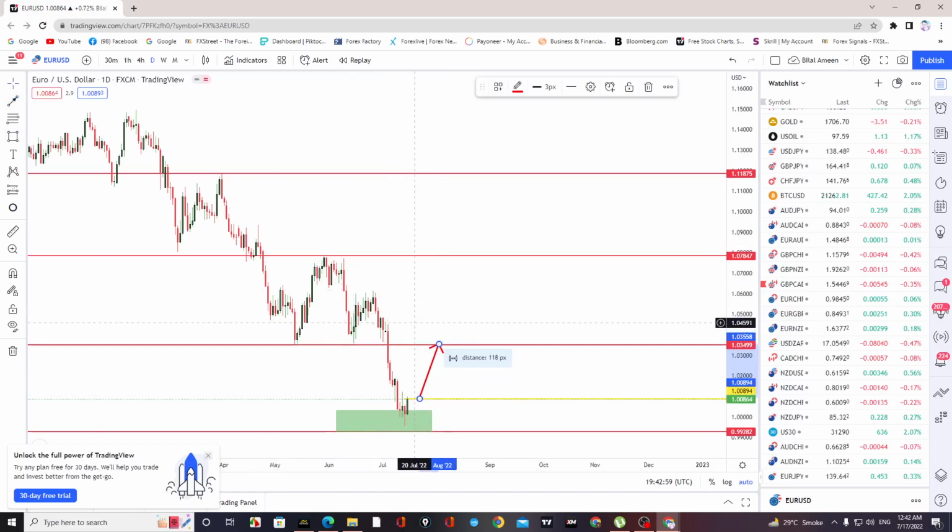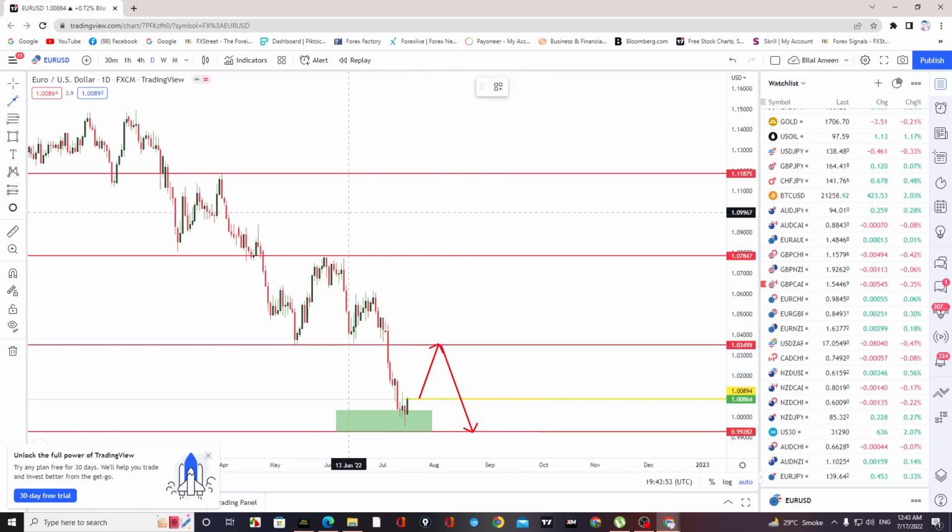If market fails to break the resistance, then we search for a sell opportunity in the market, and our target is again towards the lower support.